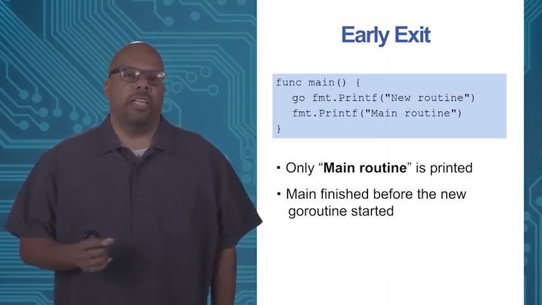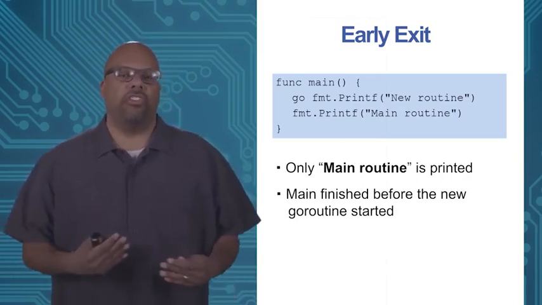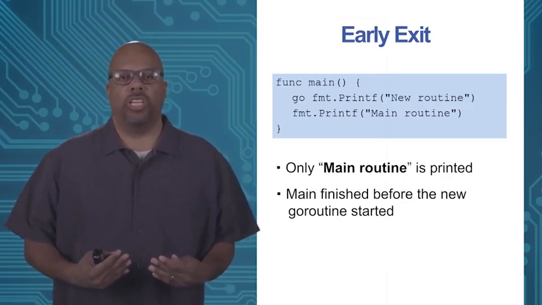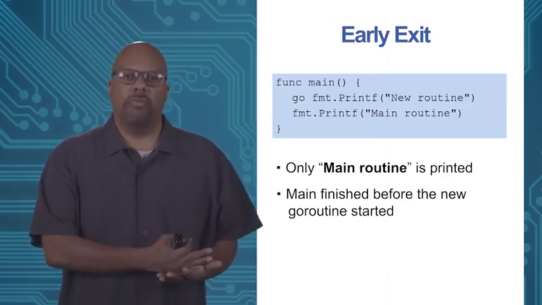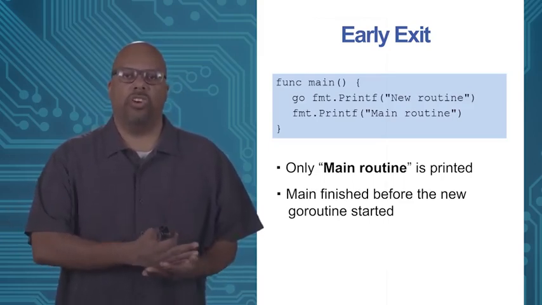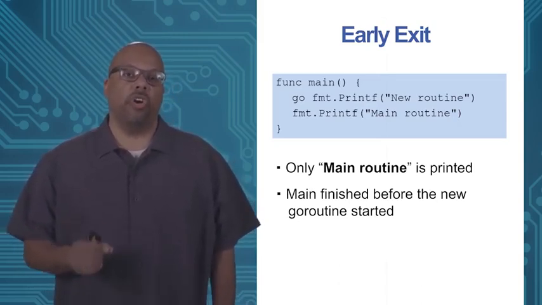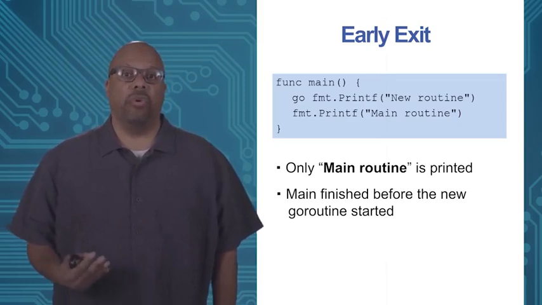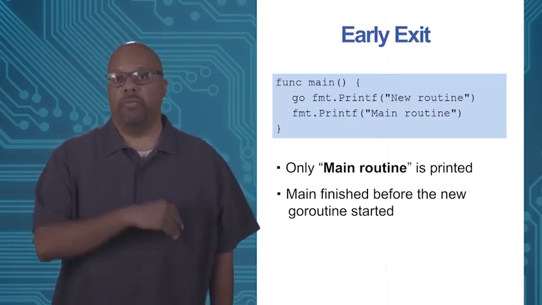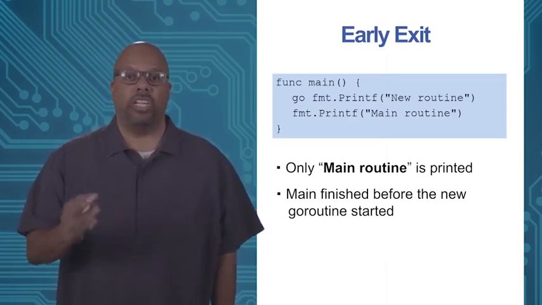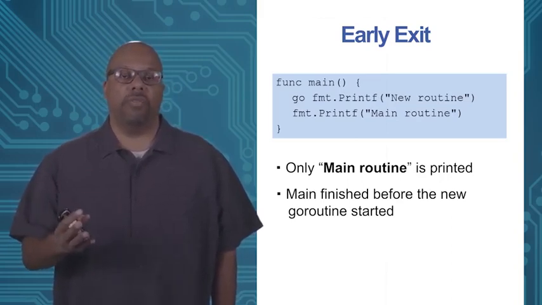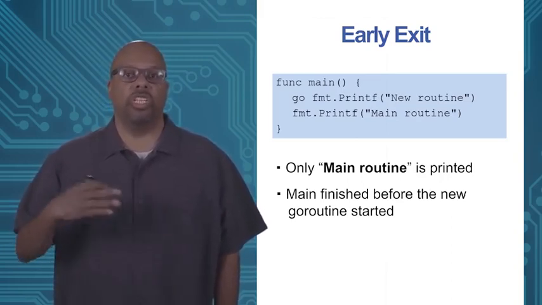So theoretically, we don't know how the Go runtime scheduler is going to work. Is it going to let the main Go routine run first or the new Go routine run first? We don't know. So theoretically, if you ran this over and over, you could get different ordering, right? Sometimes the main goes first, so it prints main routine and then it quits. Sometimes it runs the new Go routine and then prints new routine and main routine.